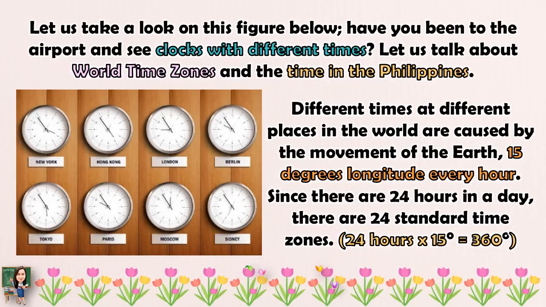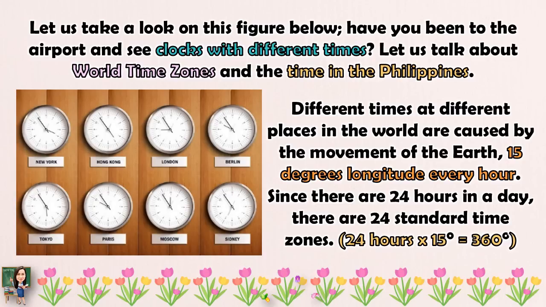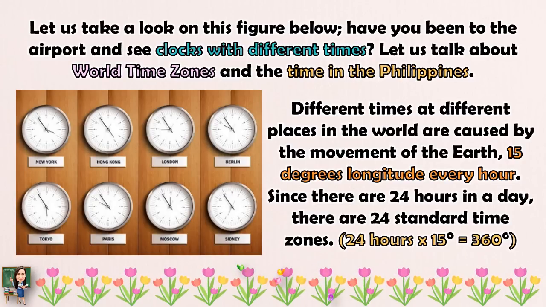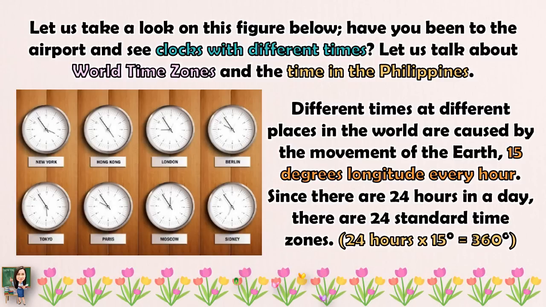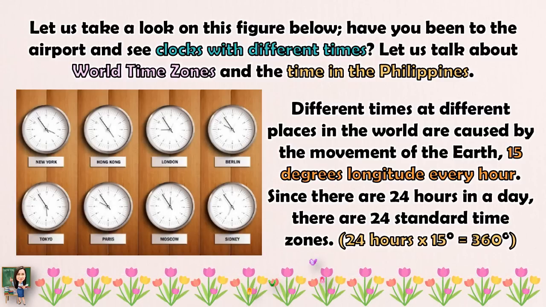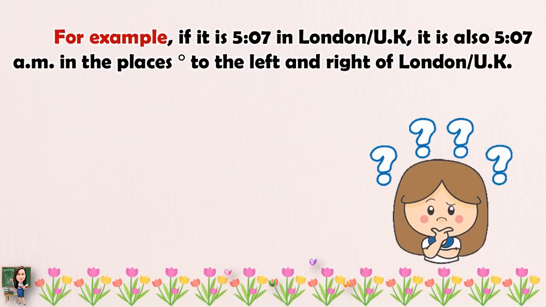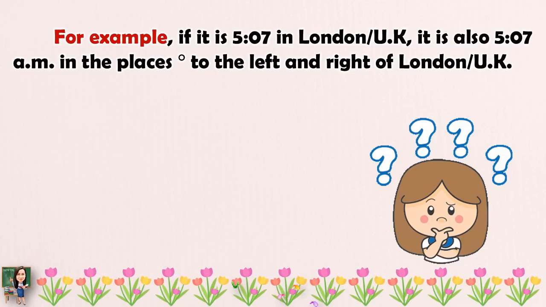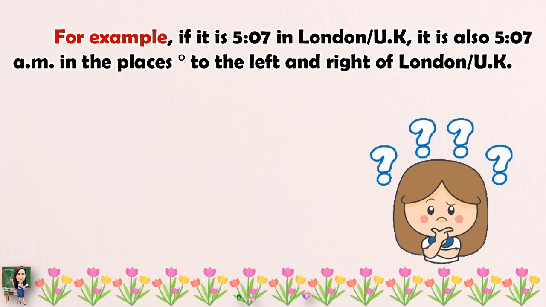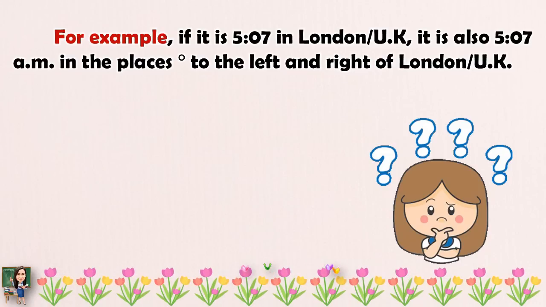Since there are 24 hours in a day, there are 24 standard time zones, or 24 hours times 15 degrees equals 360 degrees. For example, if it is 5:07 AM in London or UK, it is also 5:07 AM in the places to the left and right of London and UK.